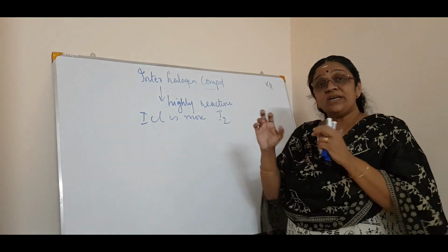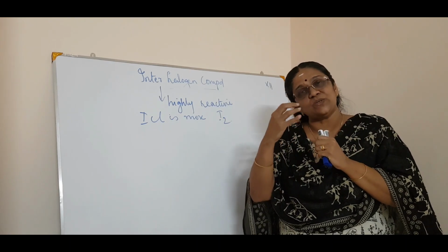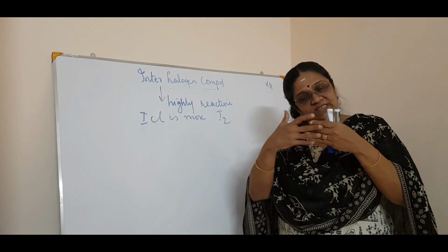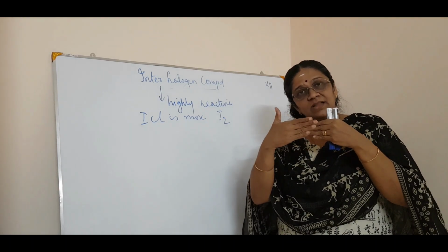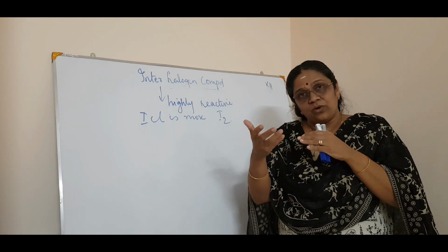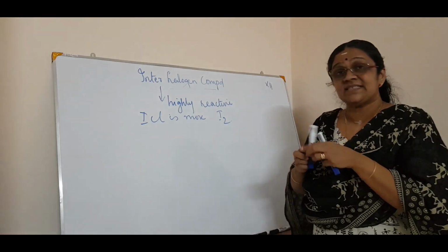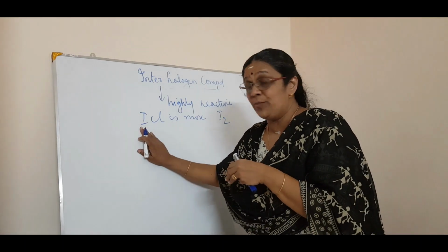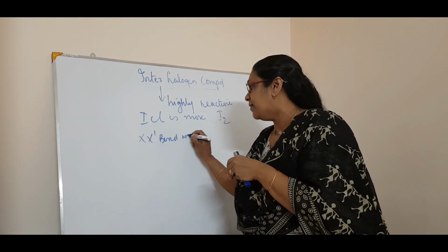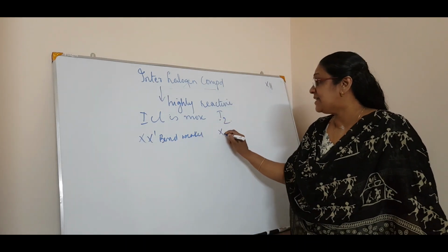As far as the bond is stable, or the bond dissociation enthalpy is very high, it won't break down easily. So in this case, you have to write the value point as: since the XX dash bond is weaker than the X2 bond.